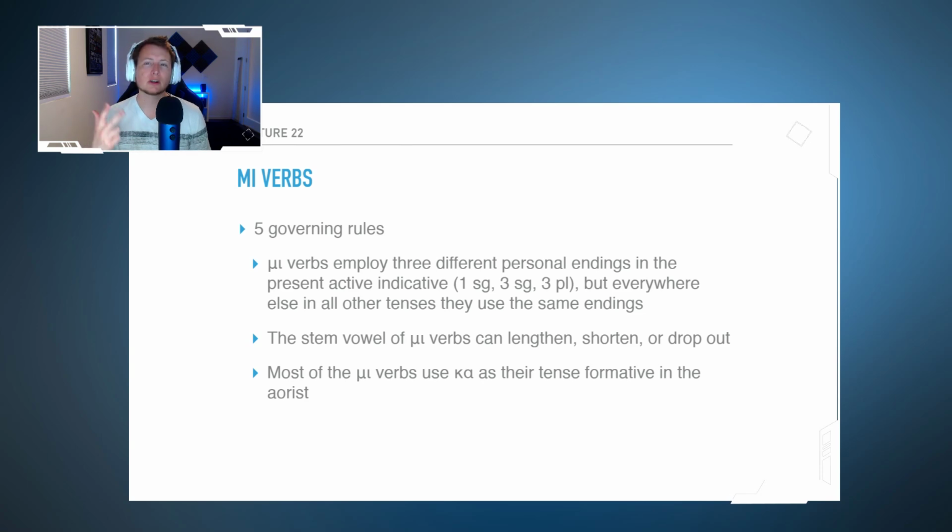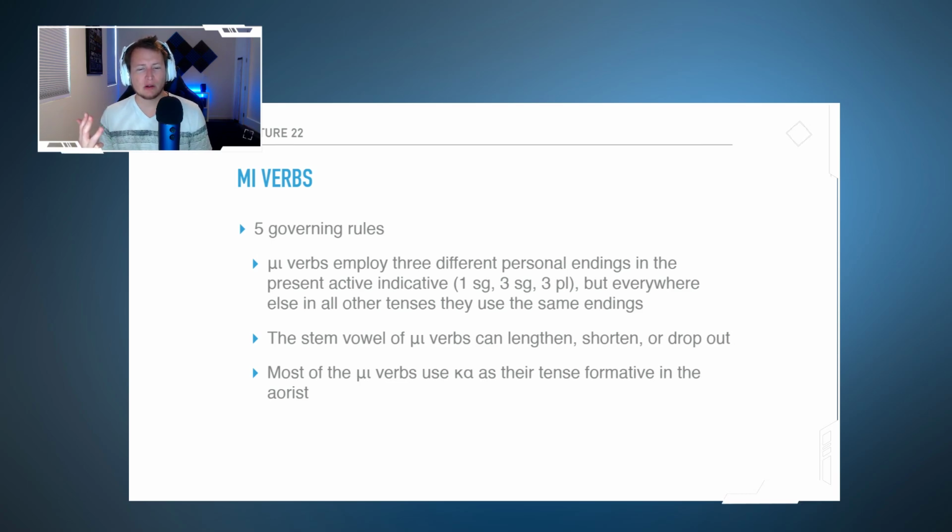Third, mi verbs employ 3 different personal endings in the present active indicative. You have first person singular, third person singular, third person plural. Everywhere else, it's following the same thematic endings. So you'll need to learn the first person singular, third person plural.